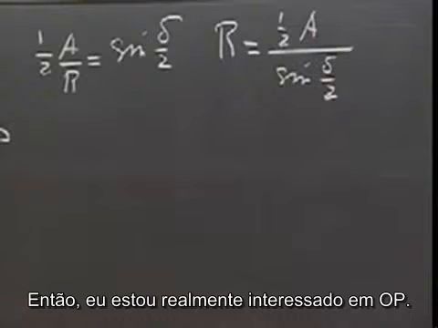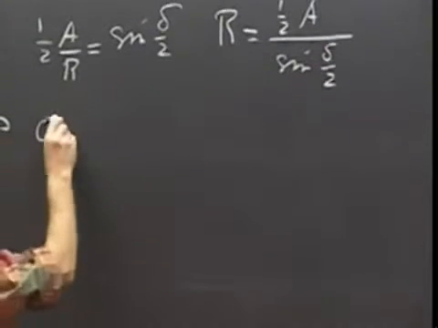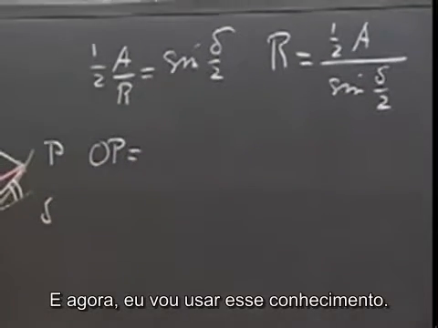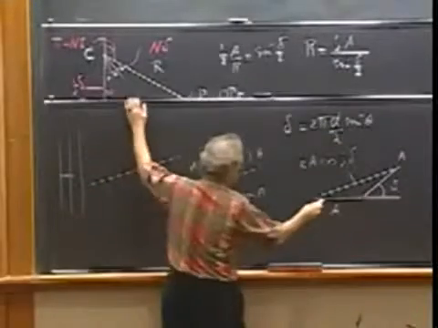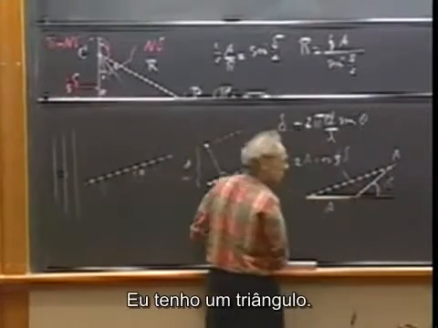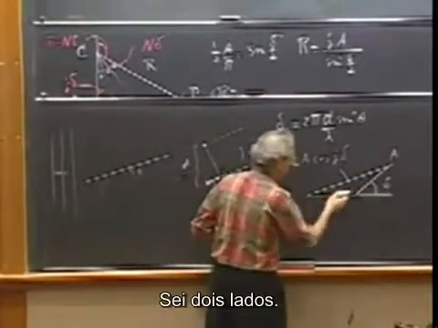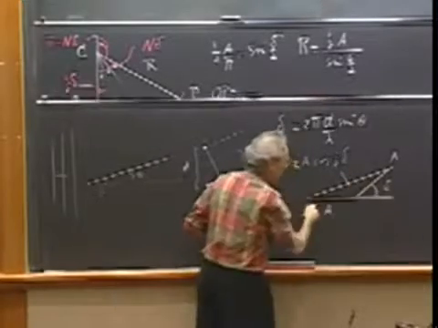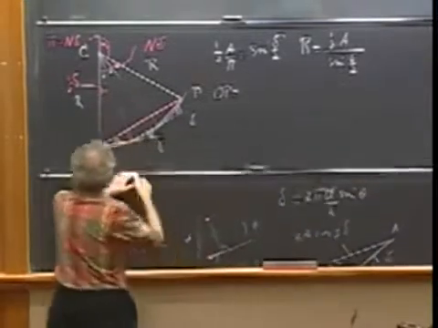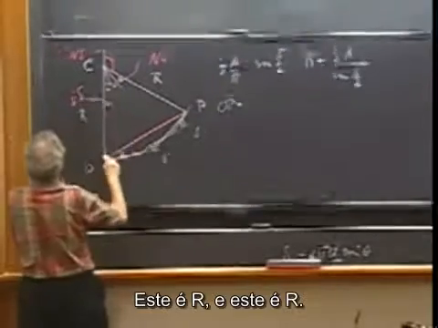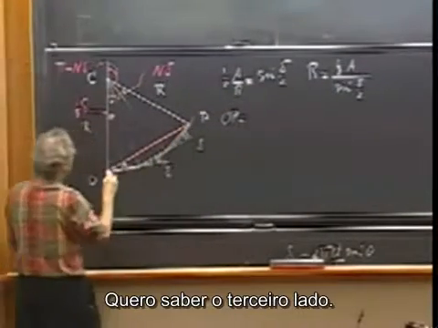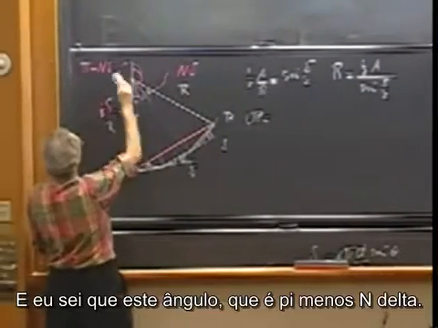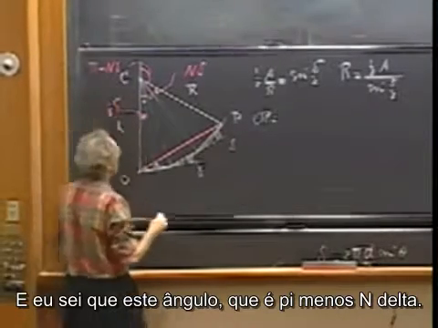So I'm really interested in OP. And now I'm going to use this knowledge. I have a triangle. I know two sides, and I know this angle. Then I can calculate this one. I know two sides. This is R, and this is R. I want to know the third side, and I know this angle, which is pi minus n delta.